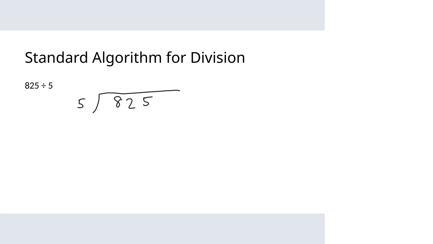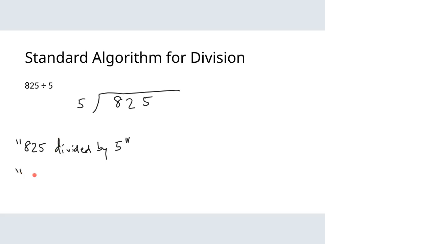So notice here, we're dividing 5 into 825. It's 825 divided by 5. I'm going to write that down. This is 825 divided by 5. That's a perfectly reasonable way to say what's going on here.